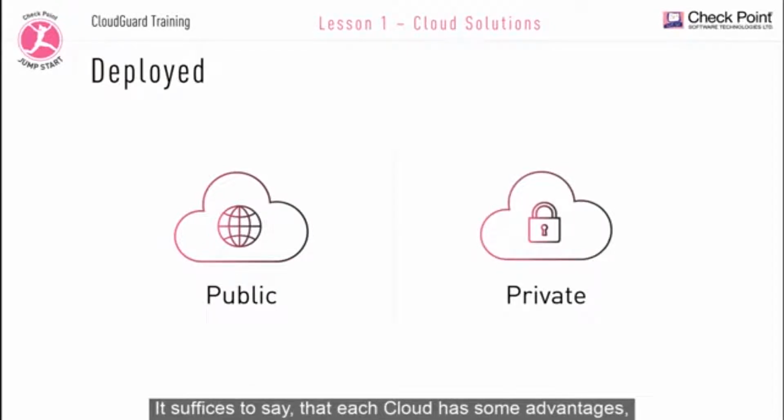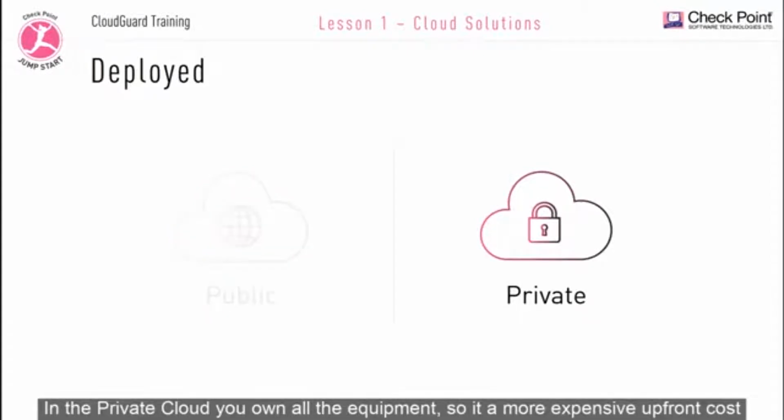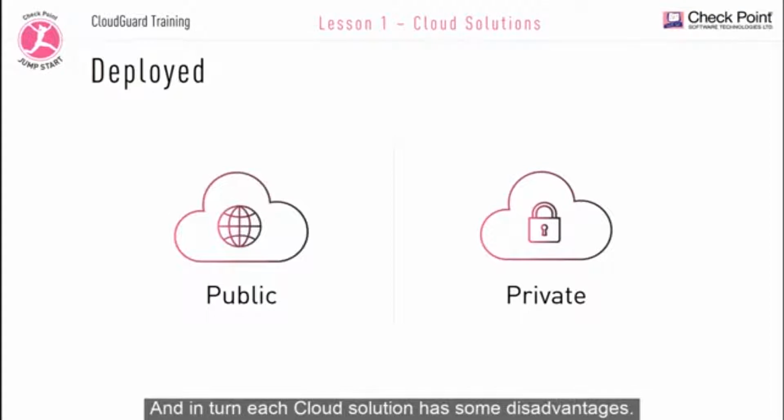Suffice to say that each cloud has some advantages. In the public cloud, you don't need to purchase any equipment, so it's cheaper to launch. In the private cloud, you own all the equipment, and so it's a more expensive upfront cost. And in turn, each cloud solution has some disadvantages.